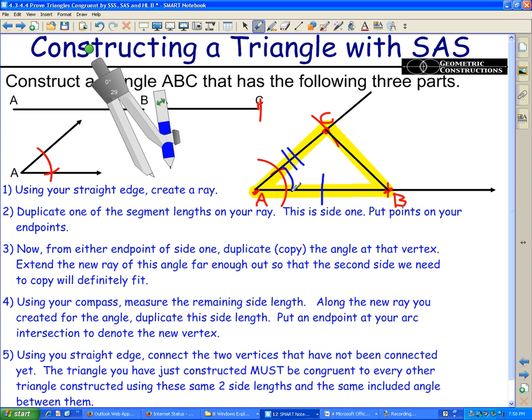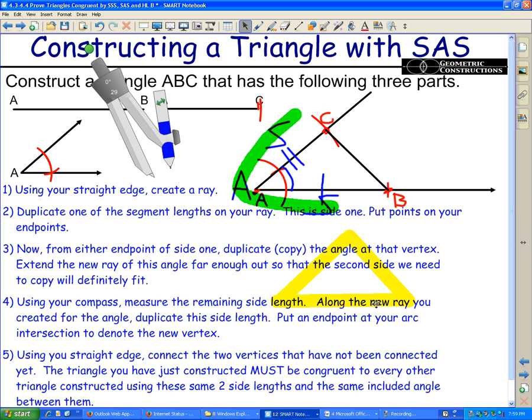And for those of you playing at home, that's a side and an angle and a side, which in the order it's given is side, angle, side, which means that anybody who uses these 3 same parts with this order, puts the angle between the 2 sides, is going to get an absolutely identical triangle to the yellow triangle that we created here. This guy right here is going to be exactly the same for anybody using the same parts.